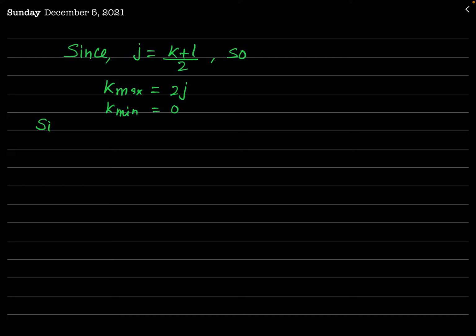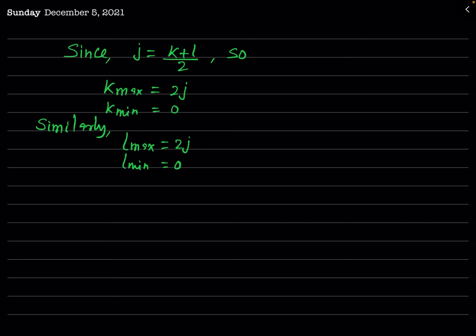So L max will be equal to 2j, and L minimum is equal to 0.